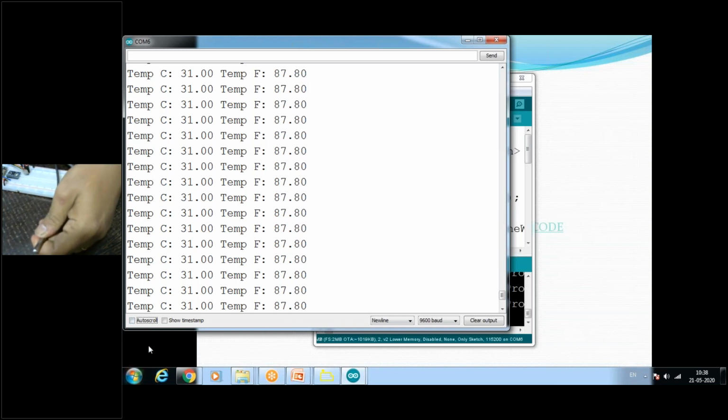Now look, it has increased to 31 right now, that is 87 Fahrenheit. So obviously, when we use the temperature sensor, at minimum we have to hold it for 1 minute. Then only it will give the accurate value. Okay.